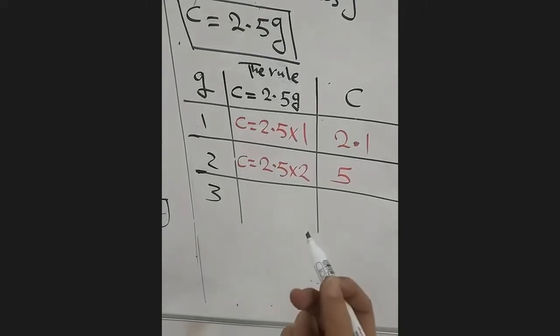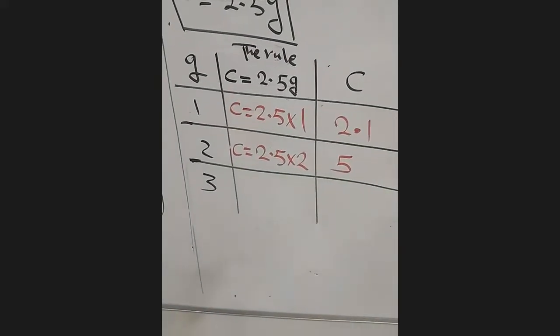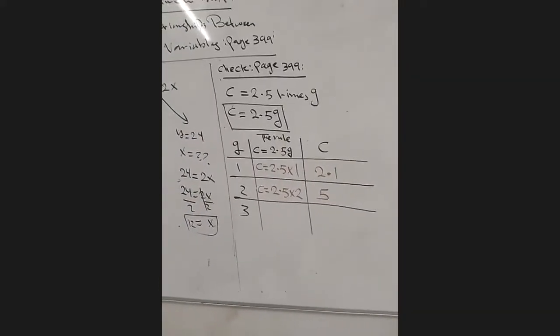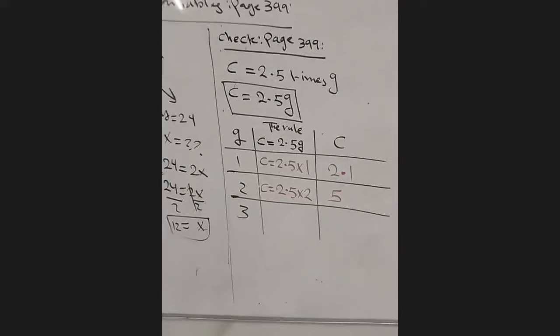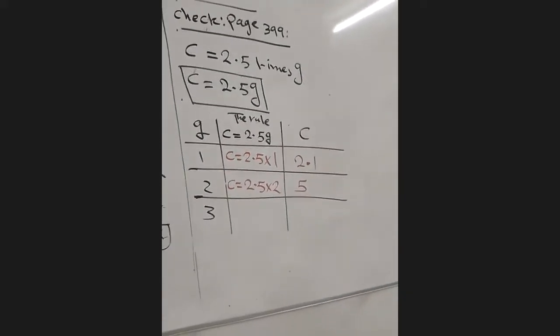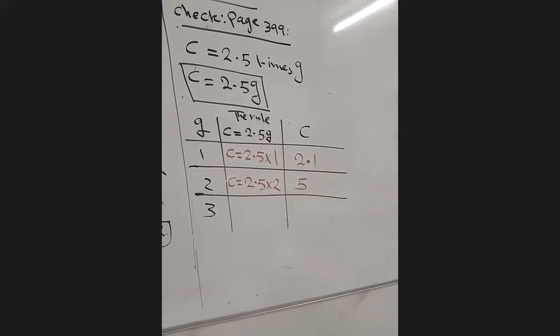And focus, Badr. Okay? Another student, Abdul Hamid. What will I do for the third one here? For the third one, we will put 2.5 multiplied by 3.